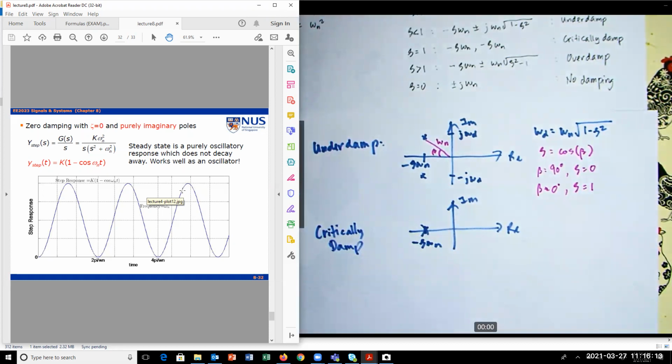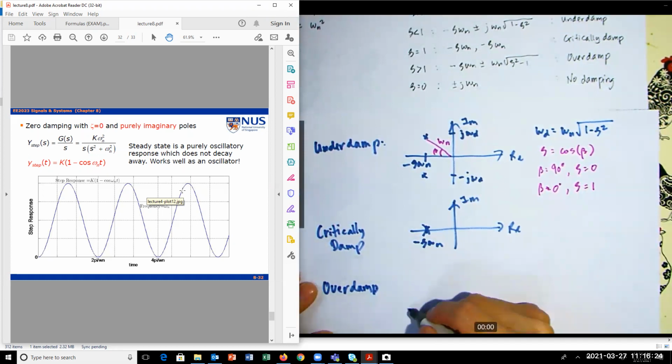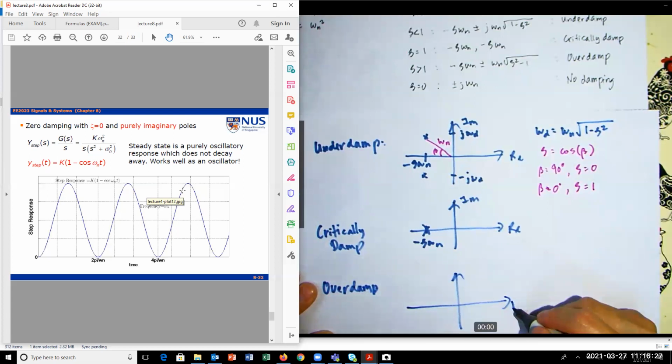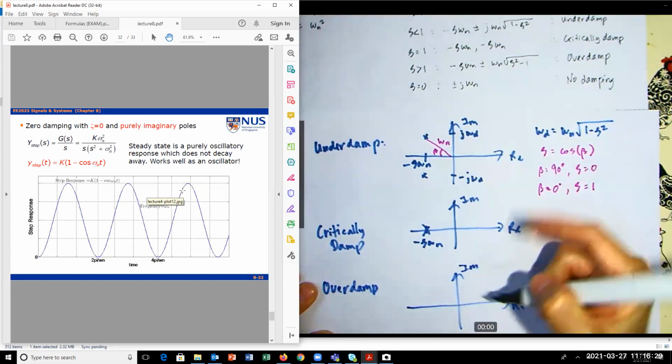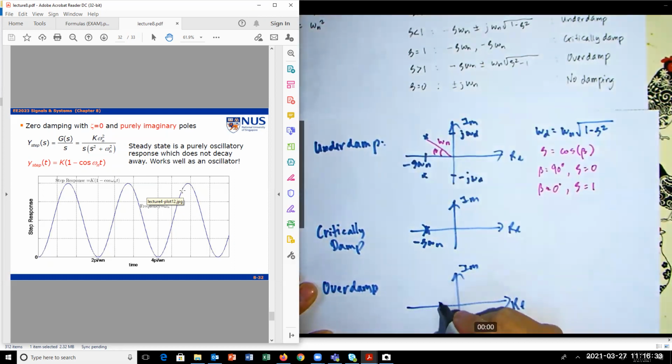All right, then the one that is overdamped. So overdamped, again, if you draw it, there are 2 real poles at plus and minus this. 2 real poles, one here and one here, say.